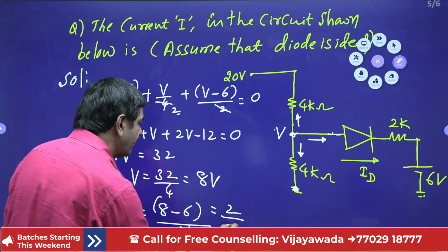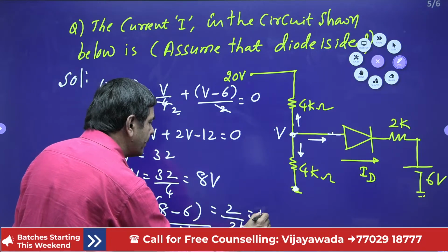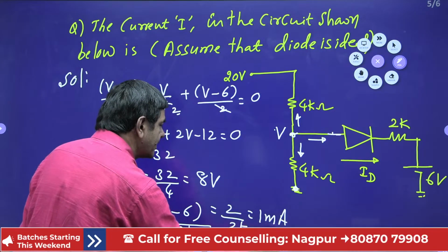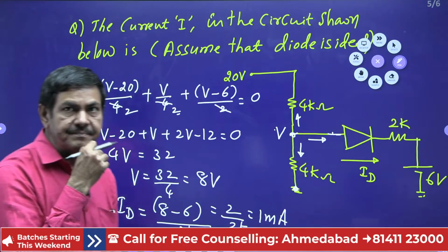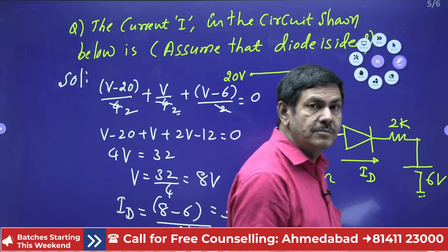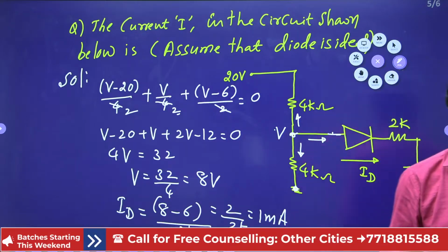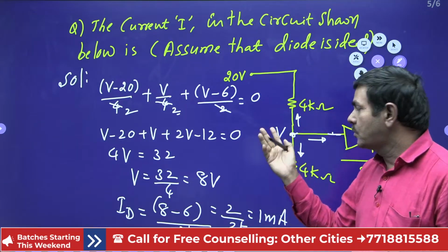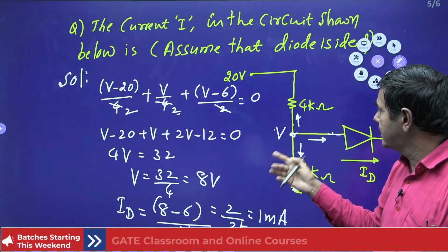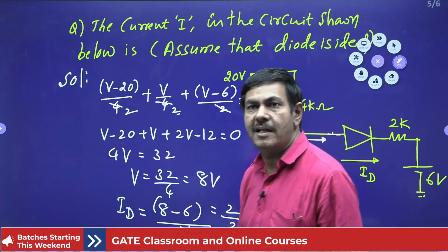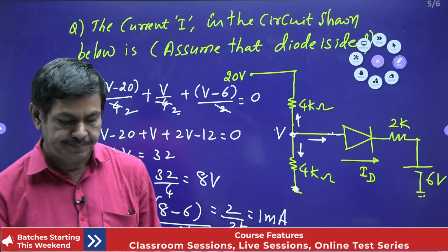This is equal to 1 milliampere of current. Yes, this is the answer for this question. I think you followed this method. If you don't want nodal, you try VTH, find RTH, connect in series, and directly apply Ohm's law. You will get the answer that way also.